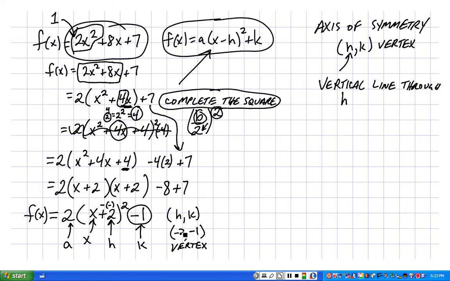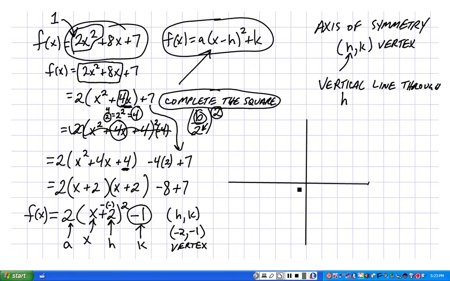So we said our vertex, okay, negative 2, negative 1. So if we had our graph, whatever, okay, we have our line.